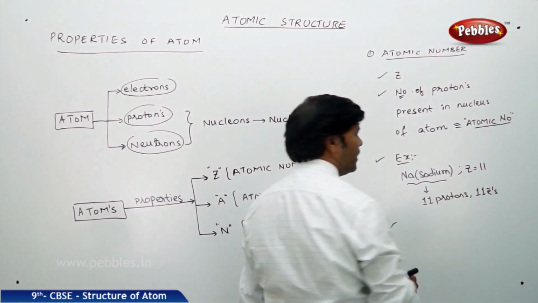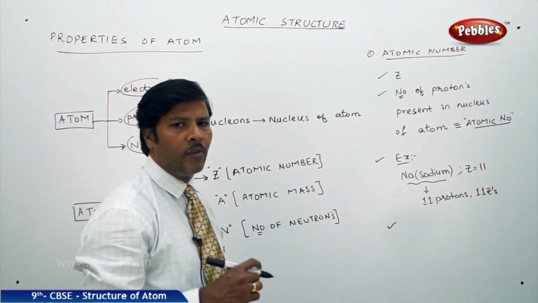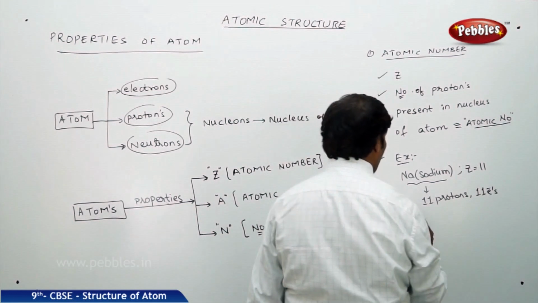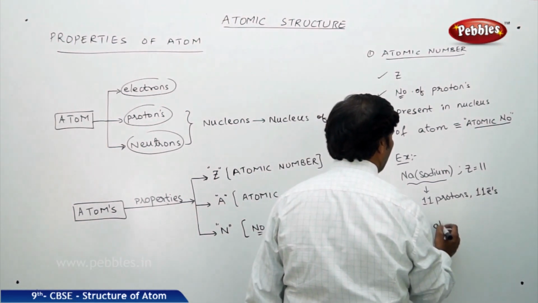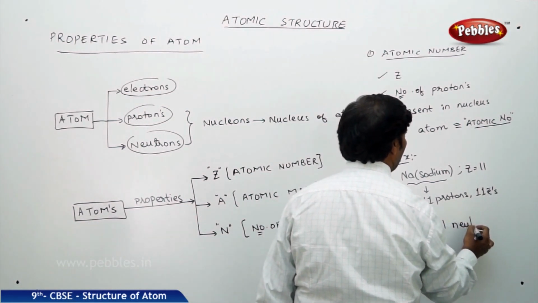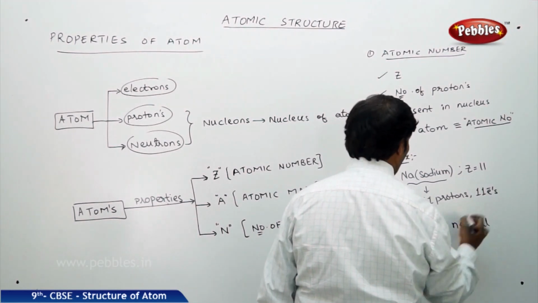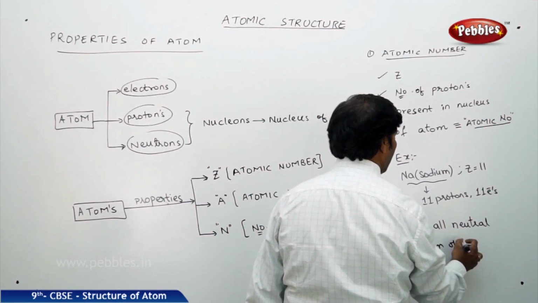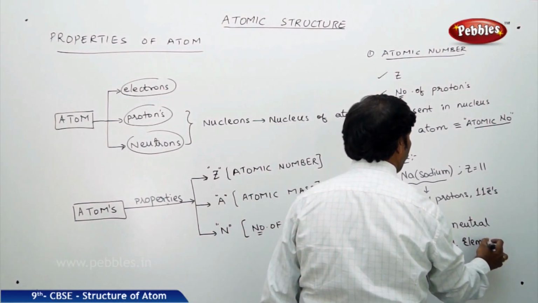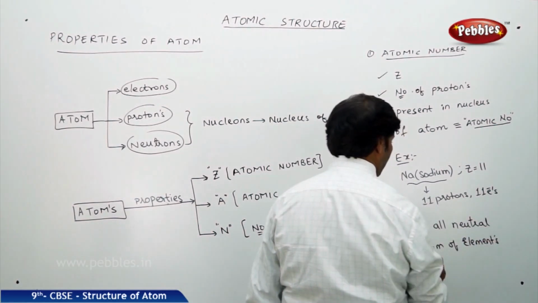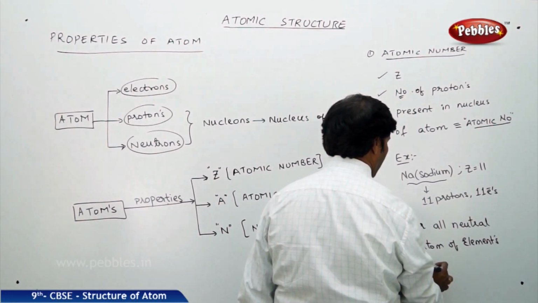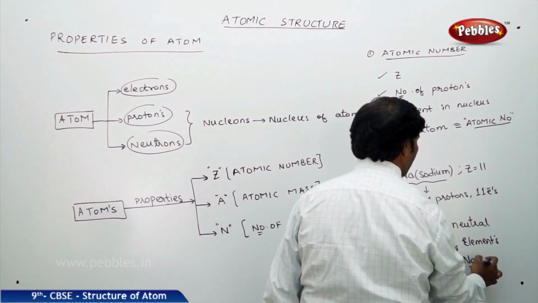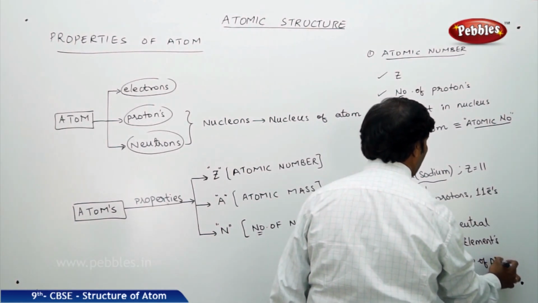Remember always, we can generalize one important point here: for all neutral atoms of elements, number of electrons is equal to number of protons.